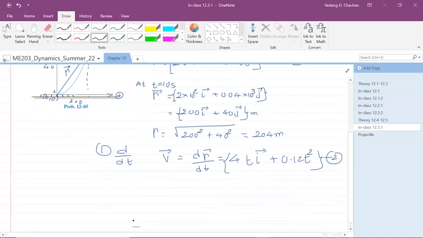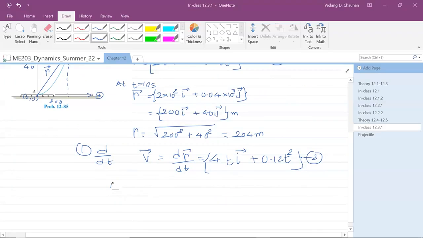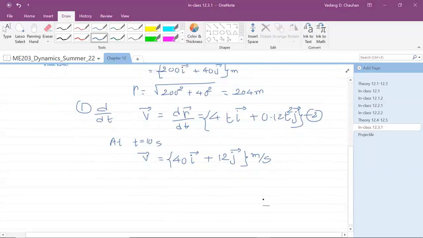And once again, at the specific time t equal to 10 seconds, we are calculating velocity. So at t equal to 10 seconds, v is equal to, we substitute 10 here, 4 times 10 i plus 0.12 times 10 squared j. So this is 40i plus 12j, and this is velocity, so it has units of meters per second.